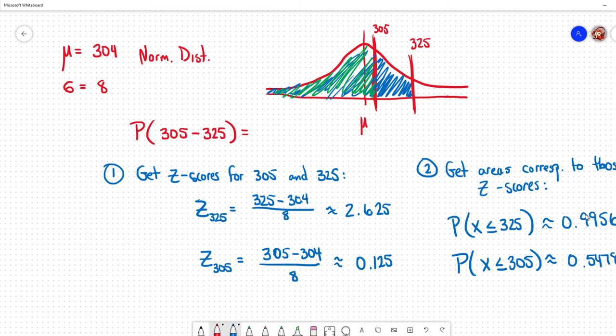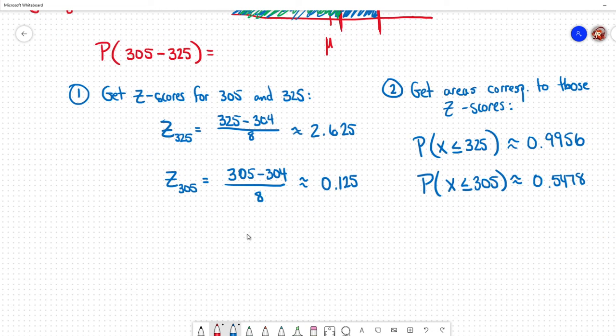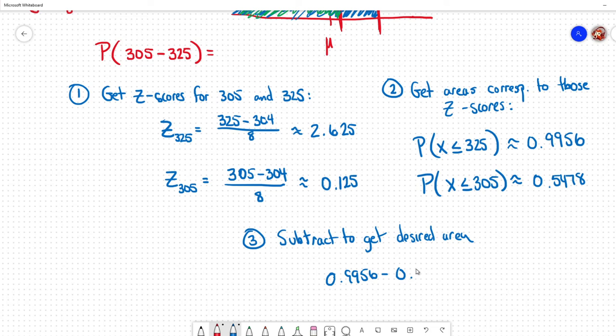And now the last part is, as we said, here's where that geometry step comes in. We're going to subtract to get the desired area. So 0.9956 minus 0.5478.